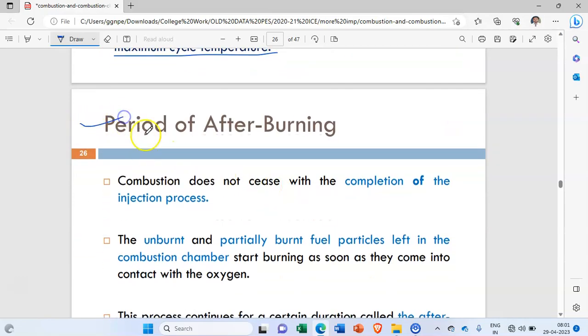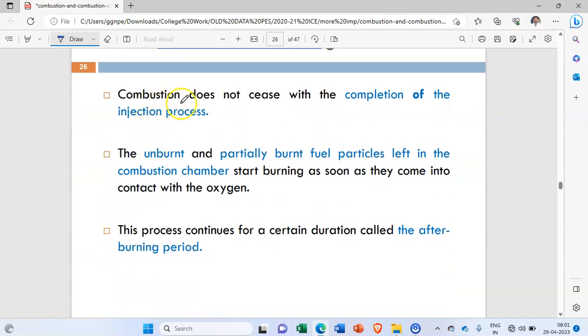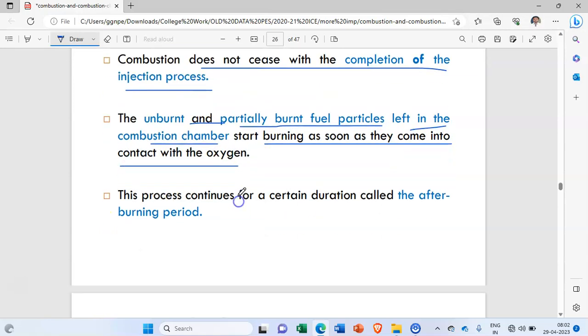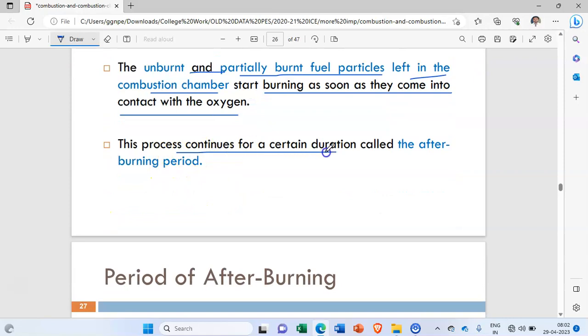And the last stage, that is period of afterburning. Combustion does not cease with the completion of the injection process. The unburned hydrocarbons and partially burnt fuel particles left in the combustion chamber start burning as soon as they come in contact with oxygen. This process continues for a certain duration called the afterburning period.